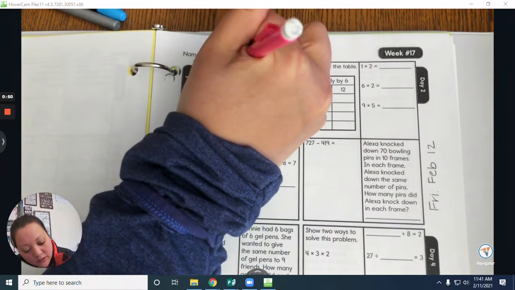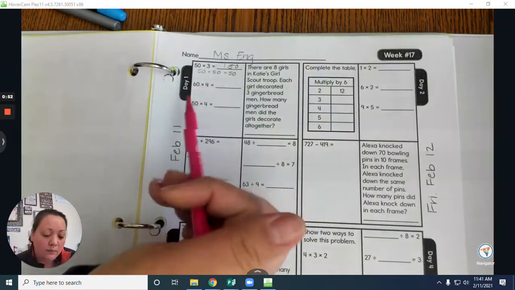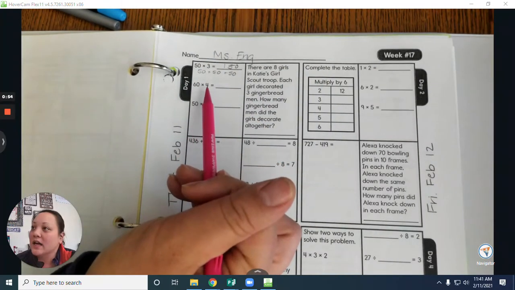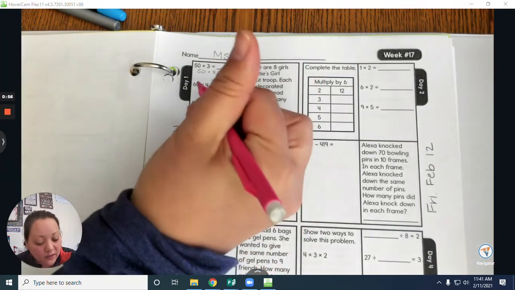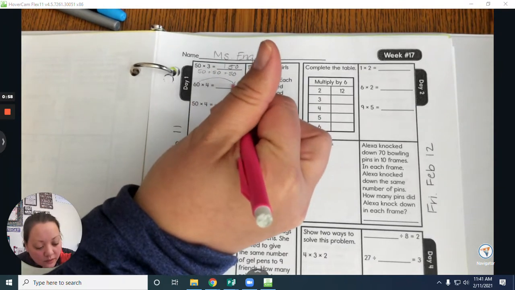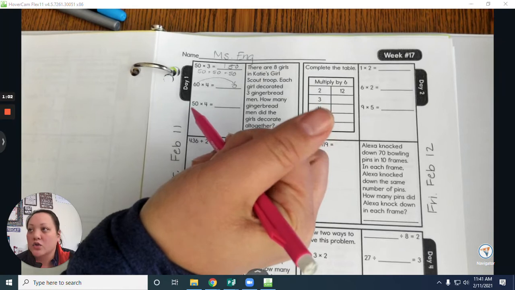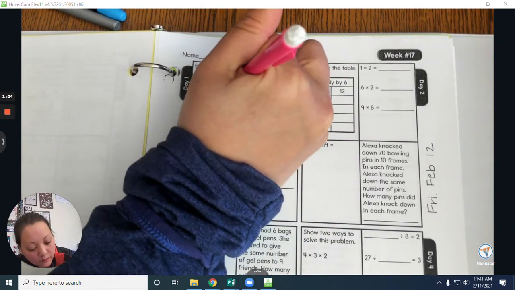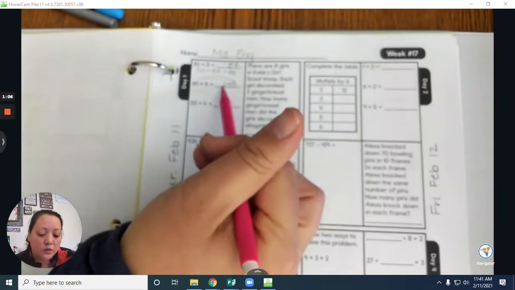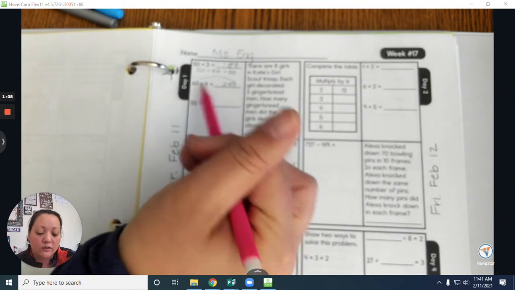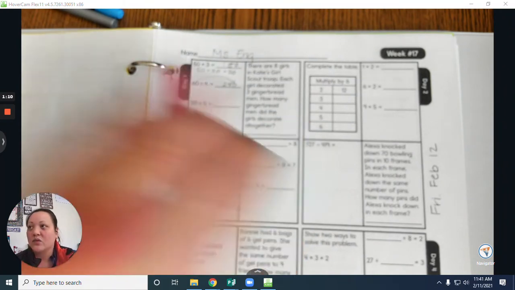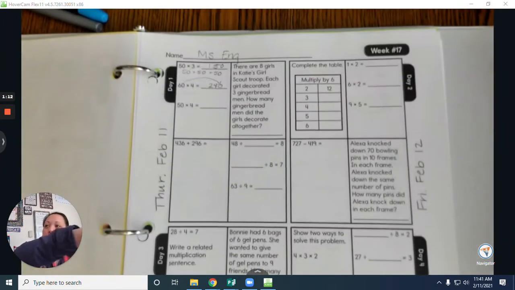That one was easy, but what if we didn't have a super easy one? So 60 times 4. If I have a 0, I just move the 0 over here, right? And then 4 times 6 is 24. So if I combine these two together, 24, 0, so 240. 60 times 4 is 240.